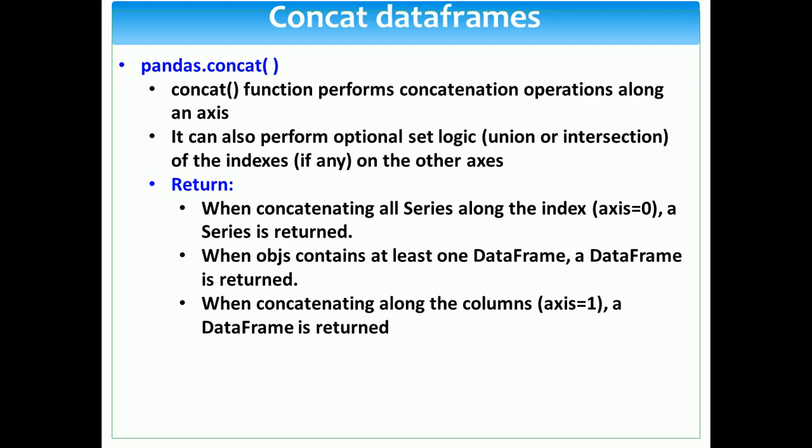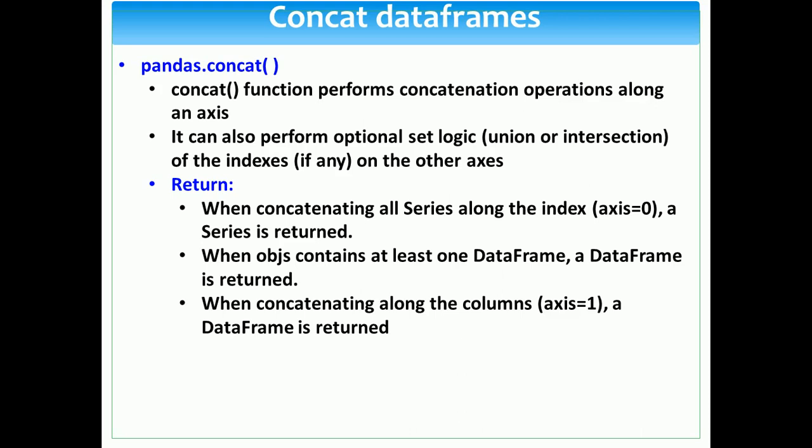Where we try to make use of concatenation, the concat function is going to perform the concatenation operation along a particular axis. It can also perform optional set logic, which can be a union or an intersection of the indexes on the other axis.